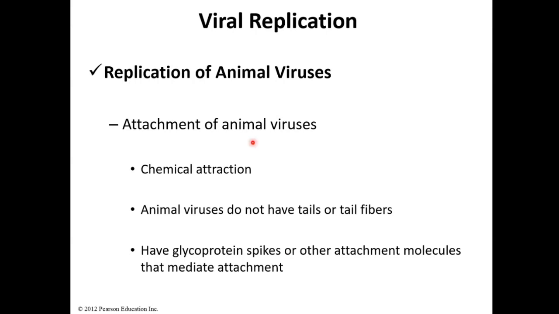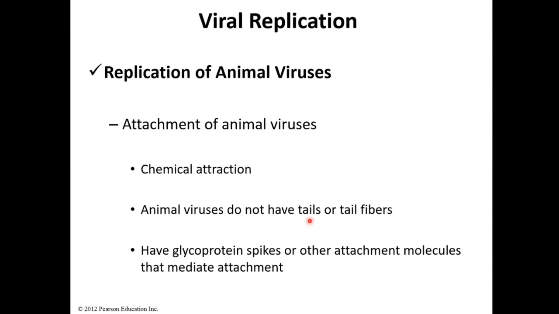For animal cell replication, there is attachment of animal viruses. In most cases, there is chemical attraction of viruses to their receptor. So the animal viruses do not have the tail fibers you have seen for T4 phage.